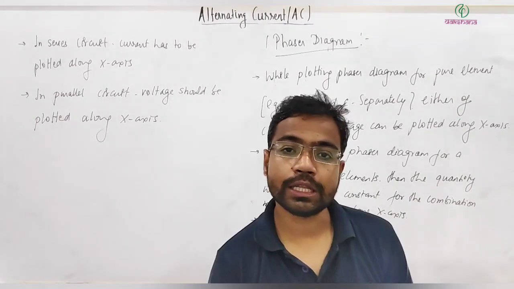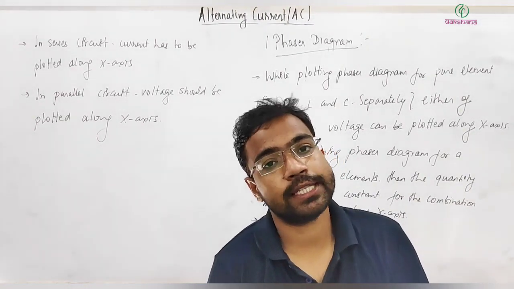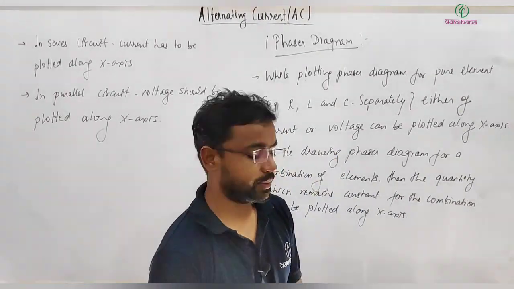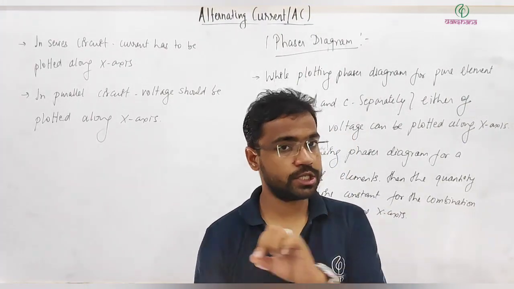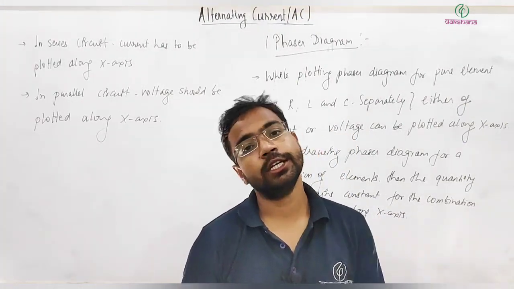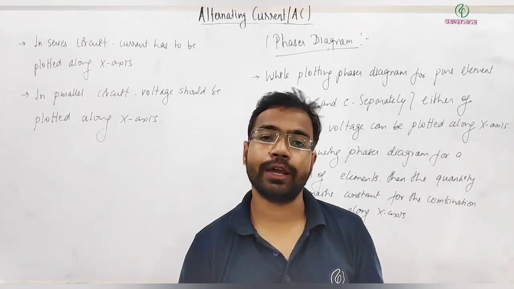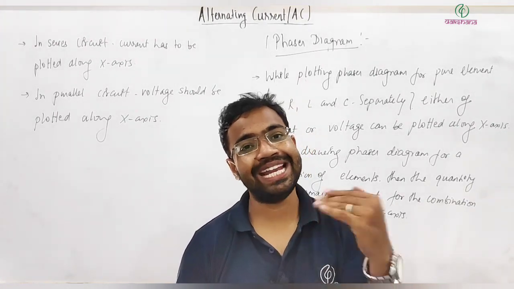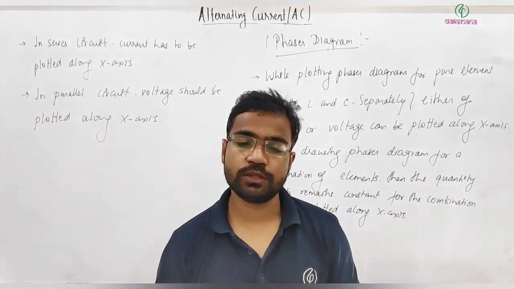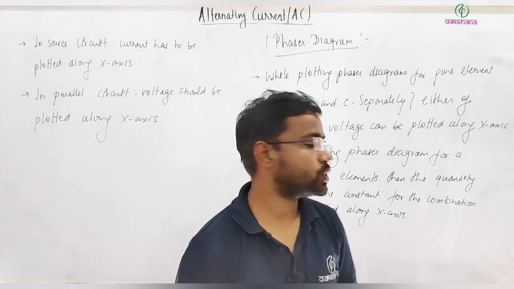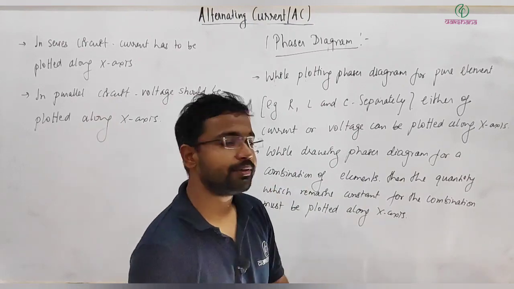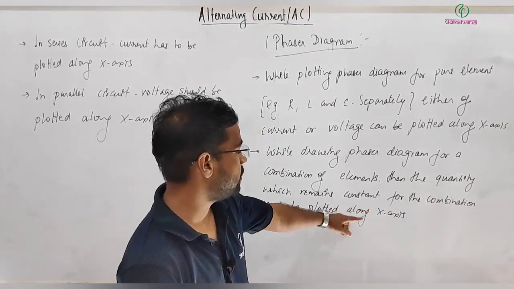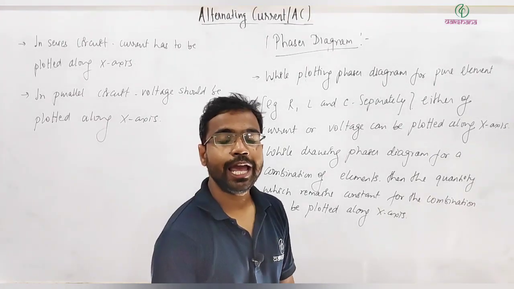While drawing the phasor diagram for a combination of these elements, the quantity which is common or constant to all the elements must be plotted along the x-axis, and the quantity which varies for each element must be plotted along the y-axis. So while drawing a phasor diagram for a combination of elements, the quantity which remains constant for the combination must be plotted along the x-axis.